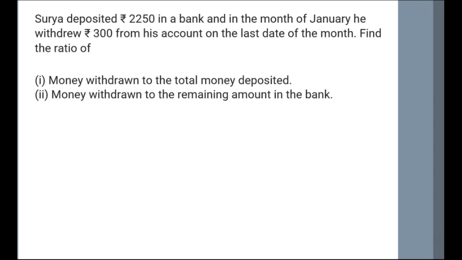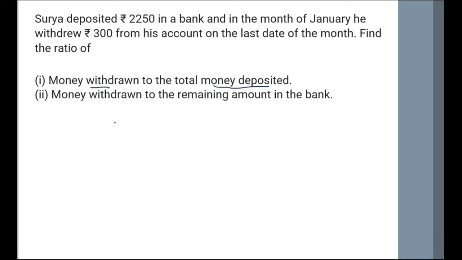There is another question of ratio. Surya deposited rupees 2250 in the bank, and in the month of January he withdrew 300 rupees from his account on the last date of the month. Find the ratio of money withdrawn to the total money deposited.